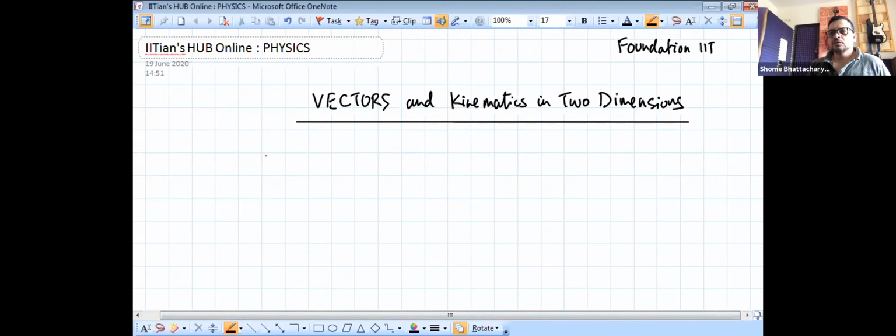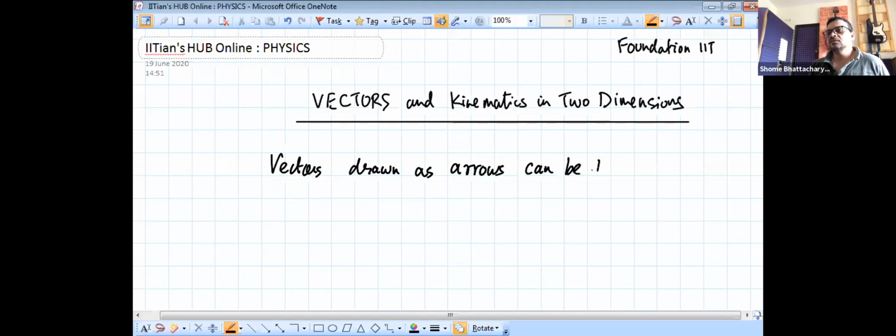So we saw that vectors drawn as arrows can be resolved into components.